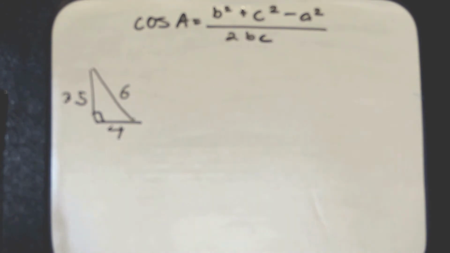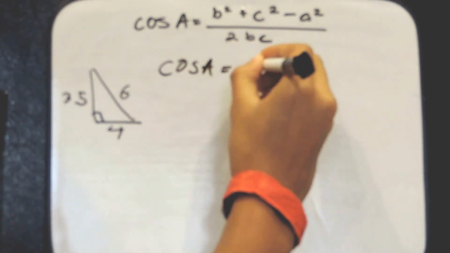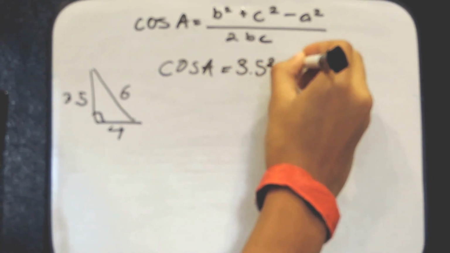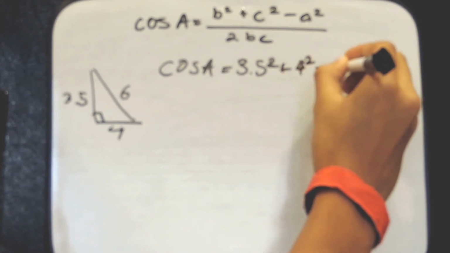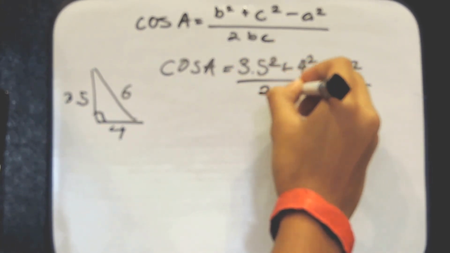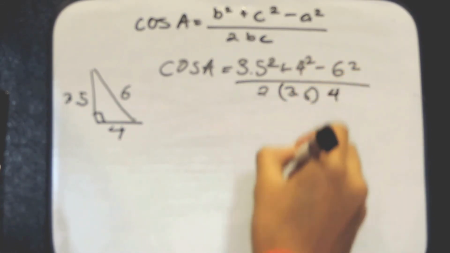So to set this up, we'll be writing cosine A equals 3.5 squared plus 4 squared minus 6 squared over 2 times 3.5 times 4.